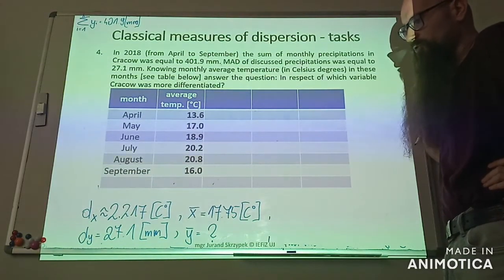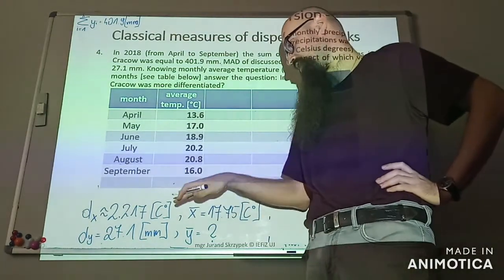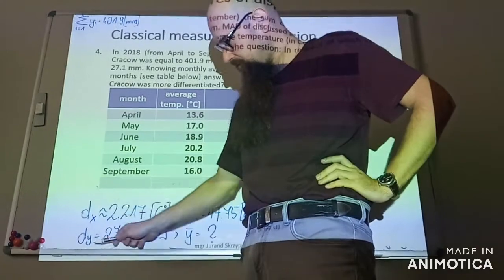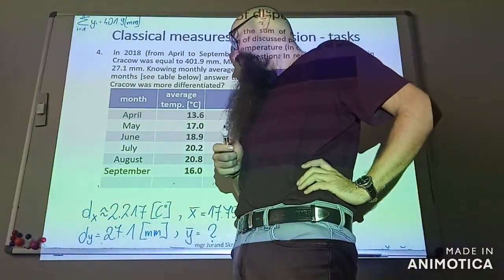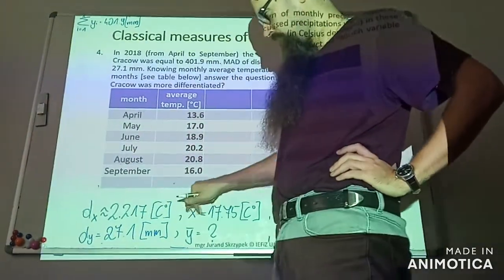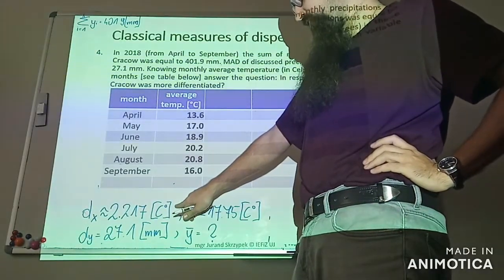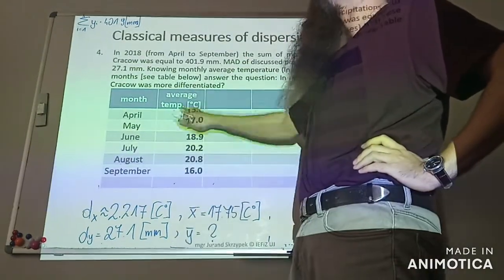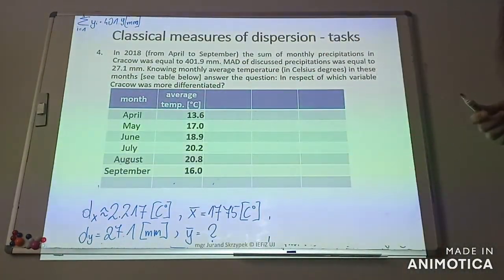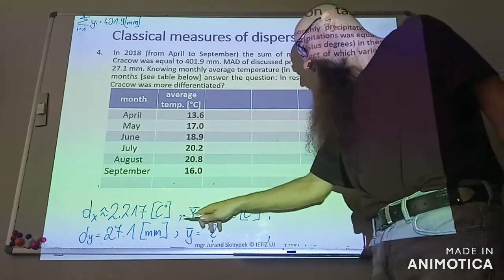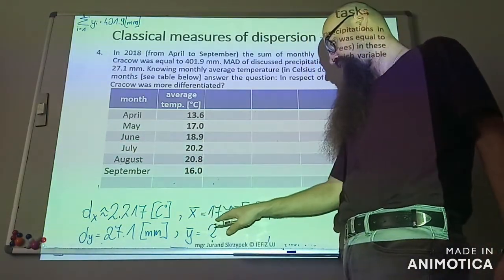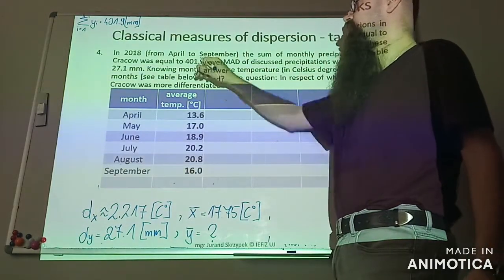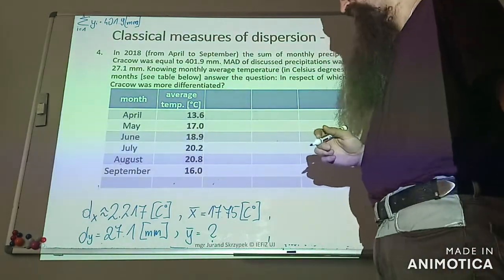I have received this kind of information set. I have the information about mean absolute deviation of average monthly temperature and monthly precipitations in the time period from April to September, and I have computed the mean monthly average temperature in that period.